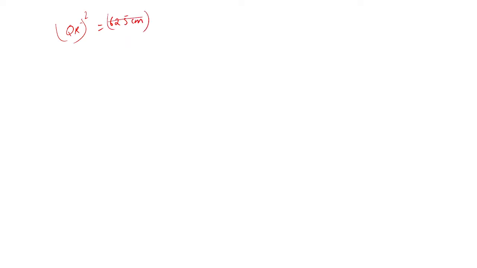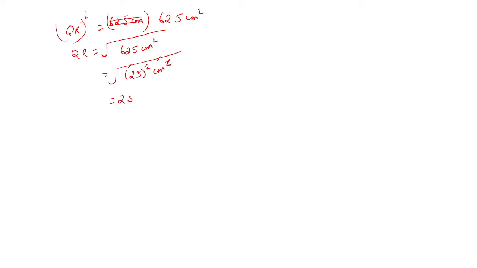You take the square root to the other side. The square root of 625 is 25, so you can cancel out the square and you'll be left with 25 centimeter.